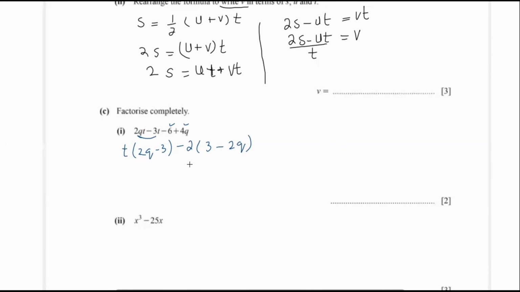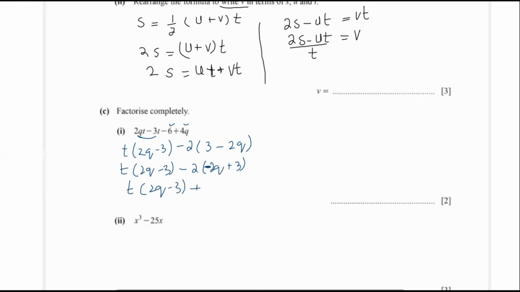We can write this as, by arranging this value, 2 minus 2q plus 3, and that is 2 into 2q minus 3. But you see here, 3 minus 2q, we can make this value 2q minus 3. We've taken minus as a common, we get t into 2q minus 3.